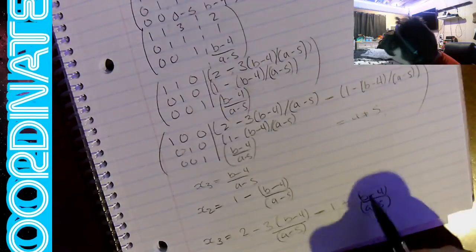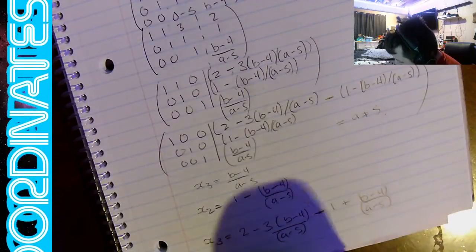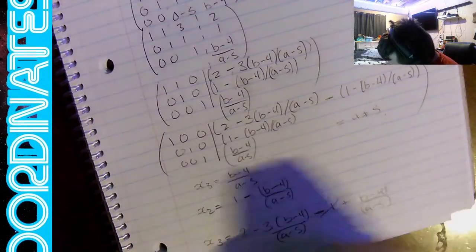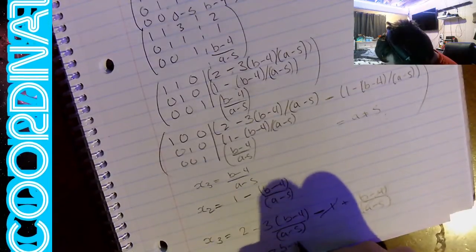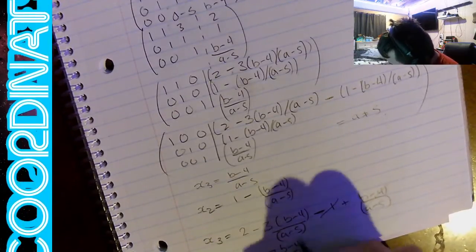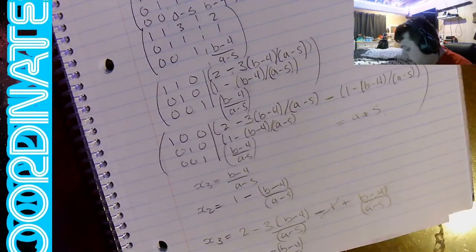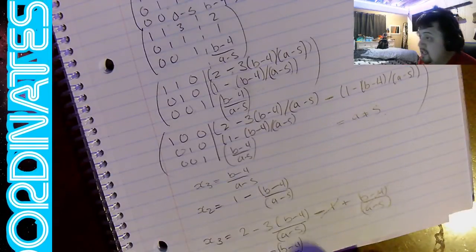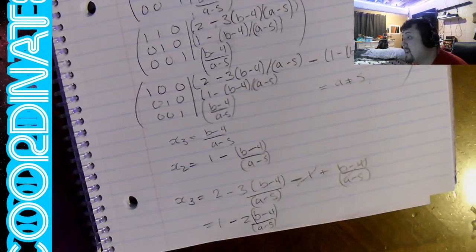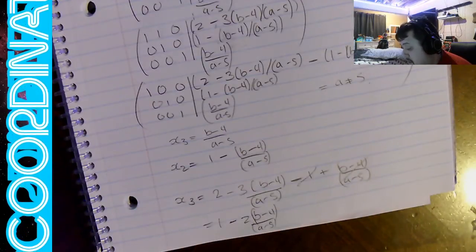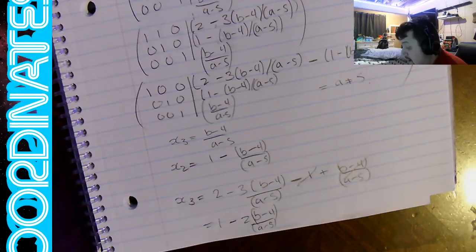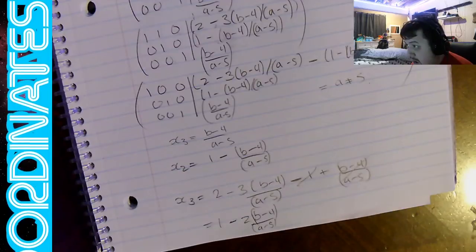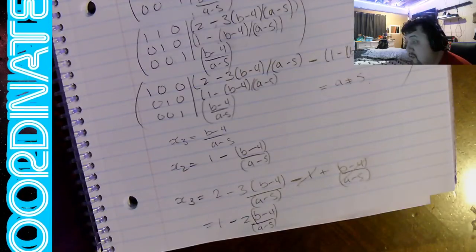So this will cancel out, and this will give us just 1 minus 2 times b minus 4 over a minus 5. Now, I know you haven't picked up on it yet, but essentially what this is saying is we already have our parameters for everything. a and b could be any real number except 5, and we would have solutions.